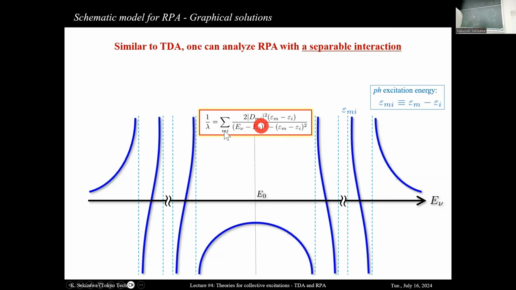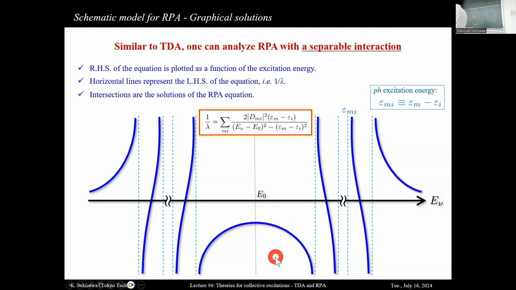These blue lines correspond to the right-hand side. This dashed line corresponds to the particle-hole excitation energy. When the excitation energy becomes close to the particle-hole excitation energies, the right-hand side is diverging.